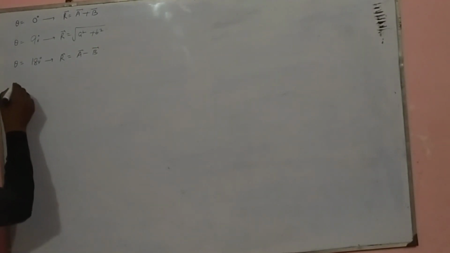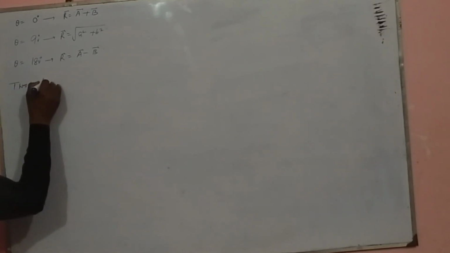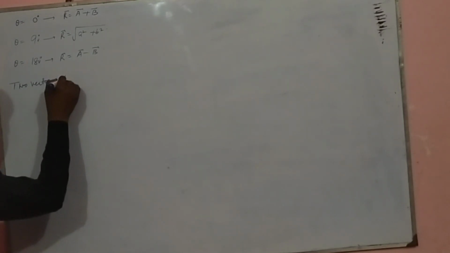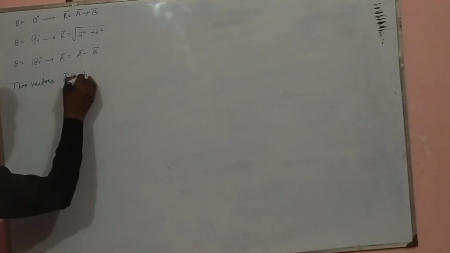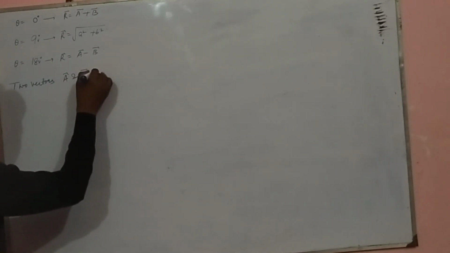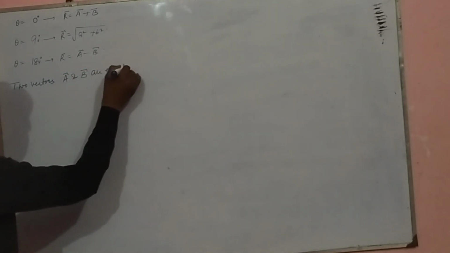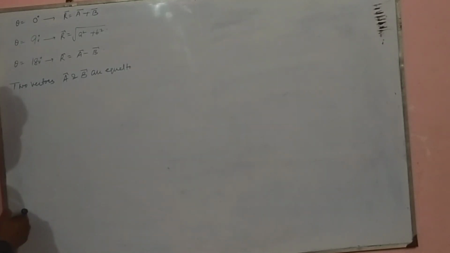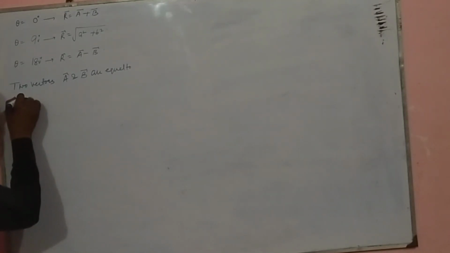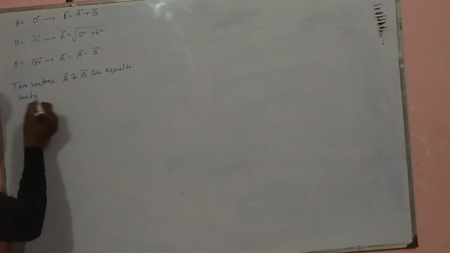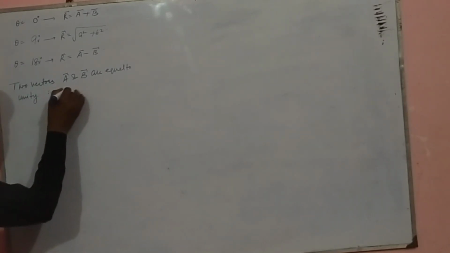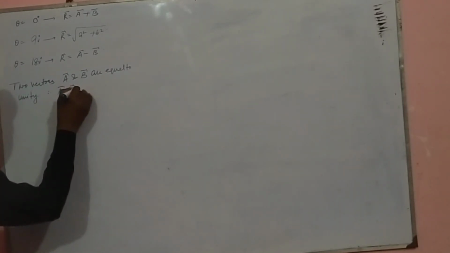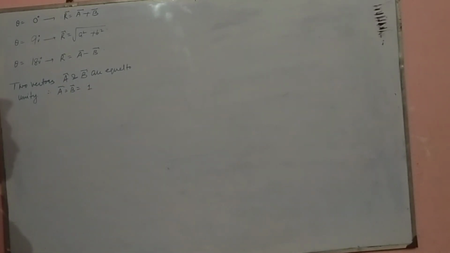Okay. Say two vectors a and b are equal to unity. It means that a equals 1 and b equals 1.